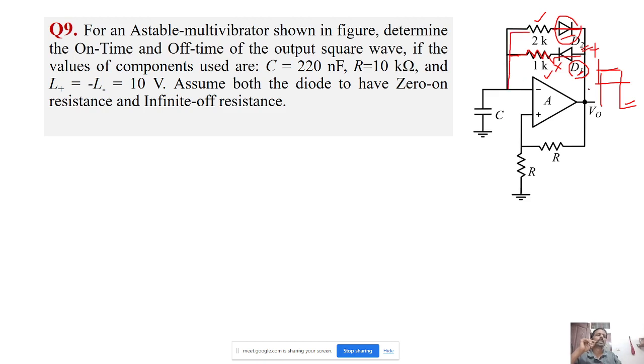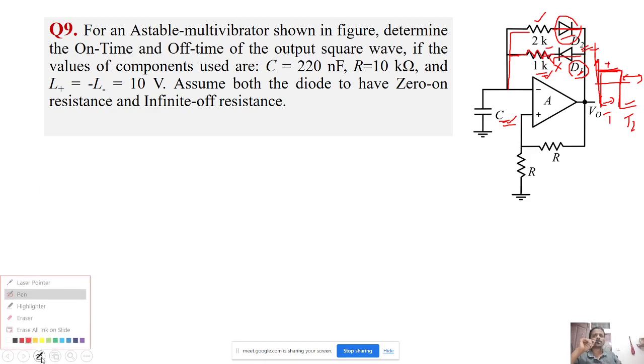So during the on time, when the square pulse is positive with amplitude plus Vsat, the time period T1 depends on the resistance 1K and C. Similarly, when it is off, T2 will depend upon the capacitor C and 2K.